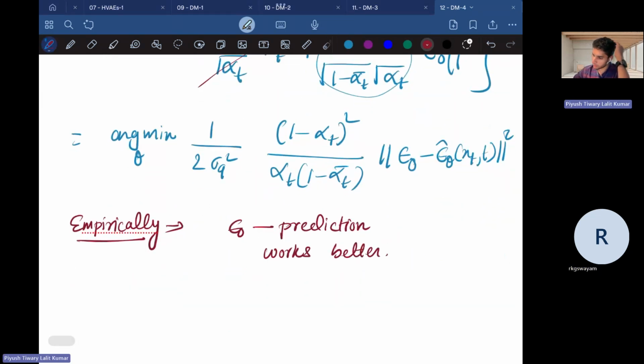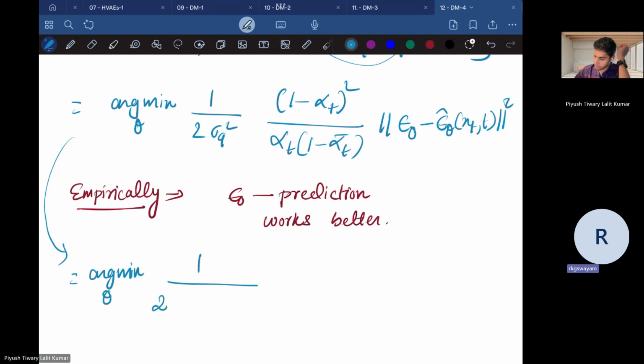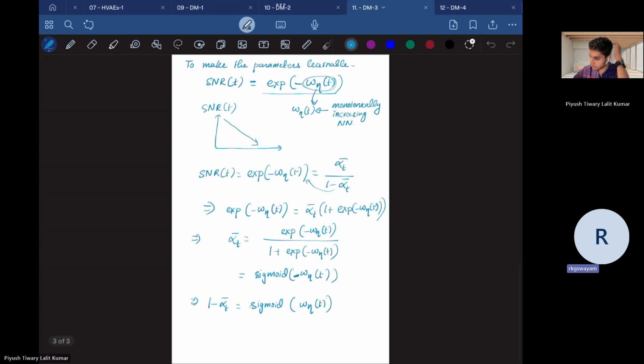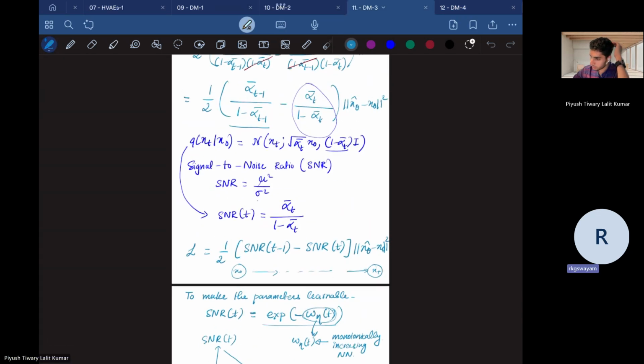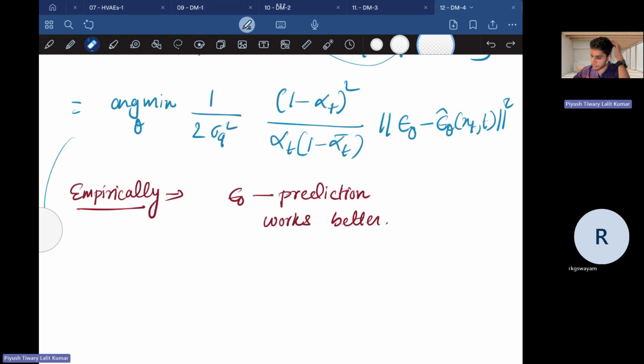I haven't tried it, so maybe it will become something like argmin. But I don't know if it will come out in terms of SNR. Should I do it right now? No, I will try on my own, to see whether it results in something fruitful. Yeah, could be something, yes.